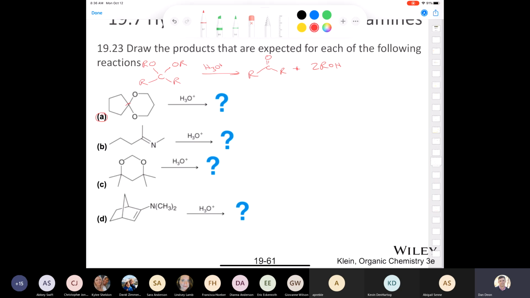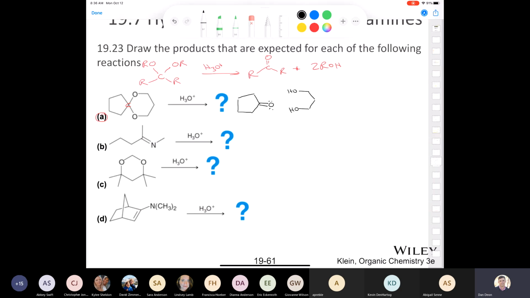Here's the carbon, it's got the 2 OR groups on it. Our product is going to have a 5-membered ring, and that carbon will now have a carbonyl attached to it, so we'll get cyclopentanone. And then we're going to have the 2 equivalents of the alcohol. What is our alcohol? It's going to look like this.